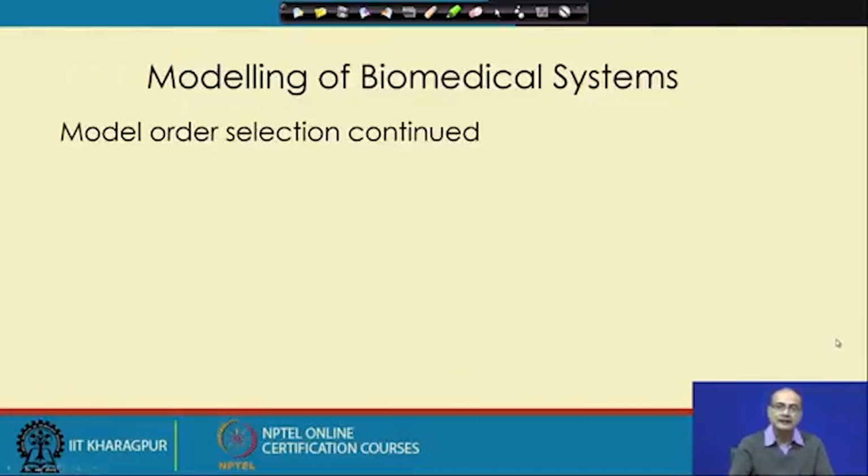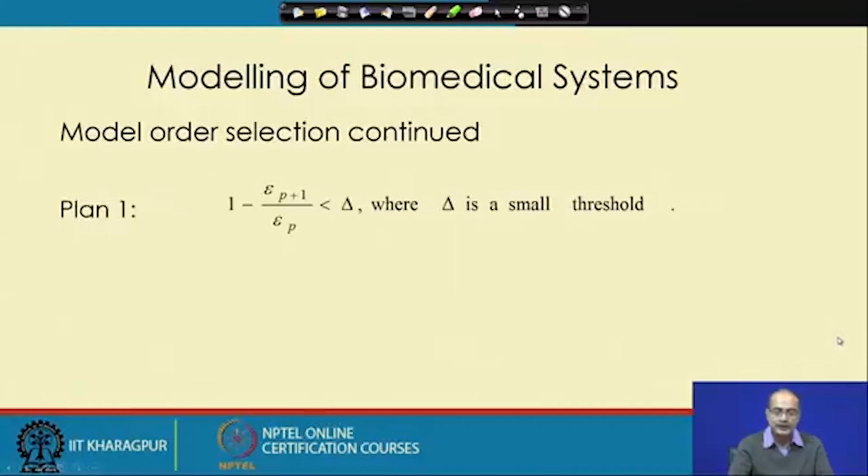Based on that fact, all the model order selection techniques have been proposed. The first one is very simple. It is based on the fact that the prediction error will remain the same or reduce with the increase of the model order. So, plan 1 is to take the ratio of the error for order p plus 1 divided by the previous error for model order p.